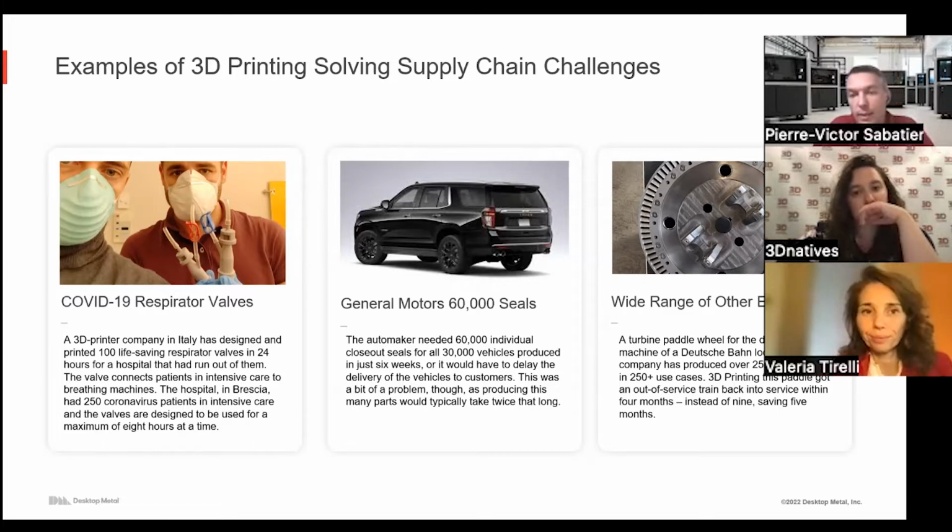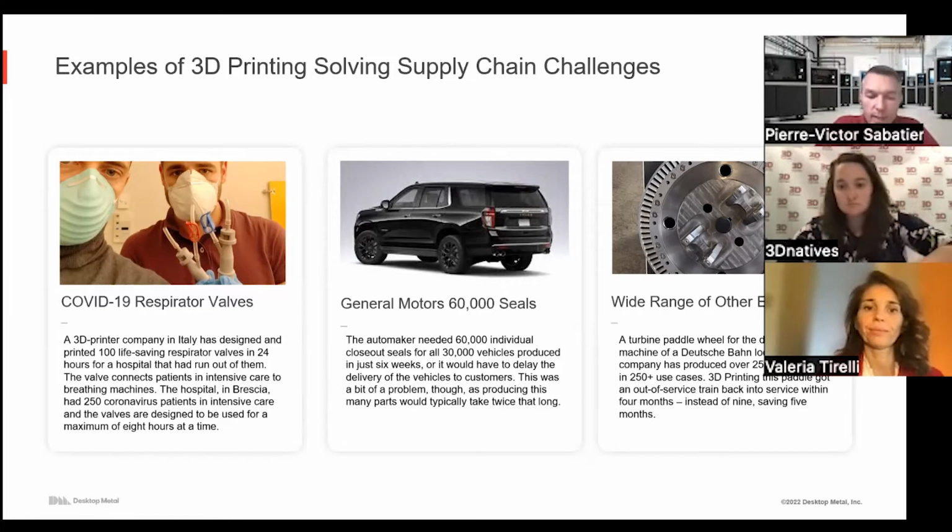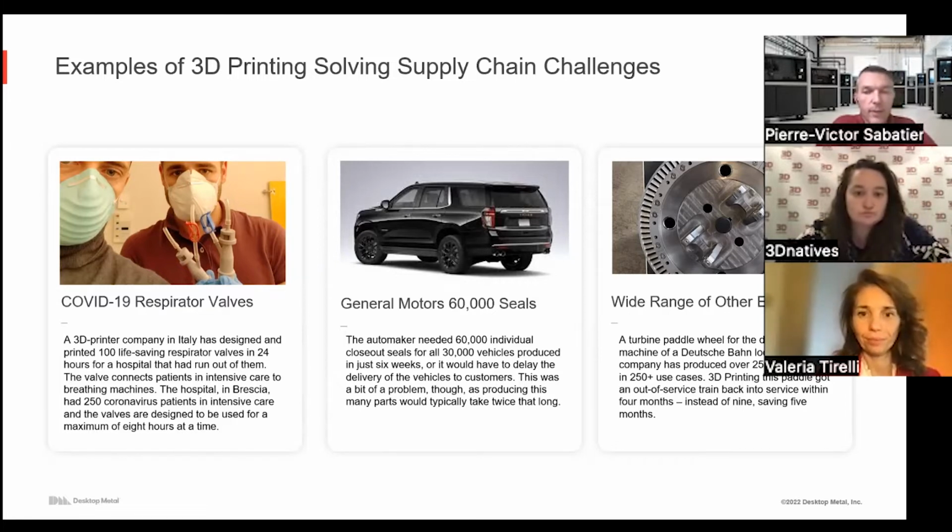The same in Germany. We have one example with Deutsche Bahn. They needed to repair many trains, and doing that in 2 or 3 weeks instead of 2 or 3 months made a big difference for them. So I think step by step, the examples are bringing proof to what was explained to the market.